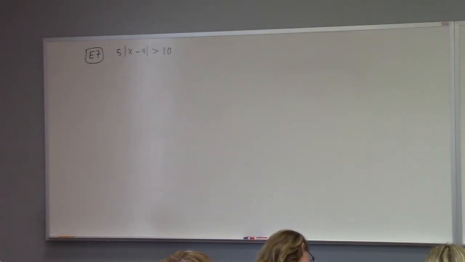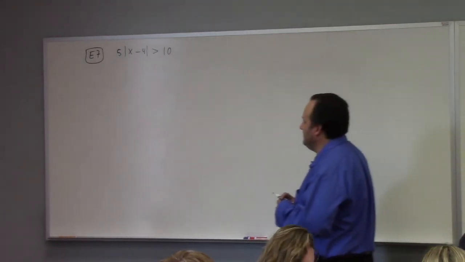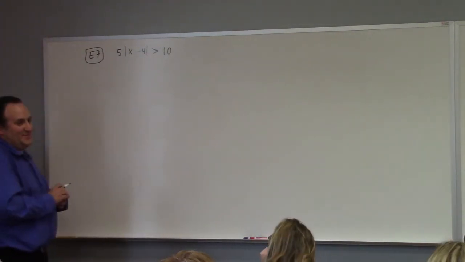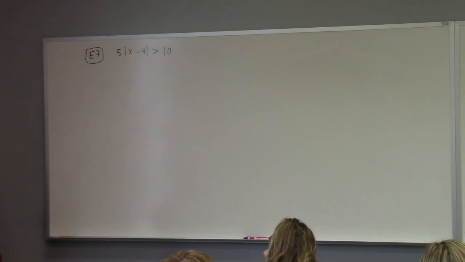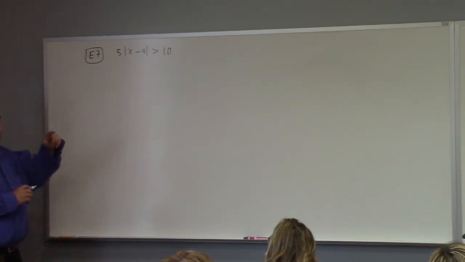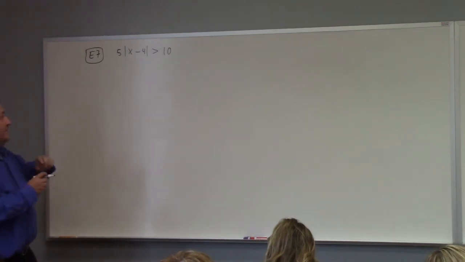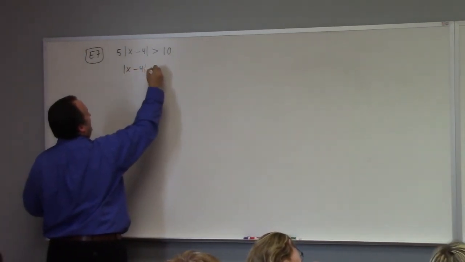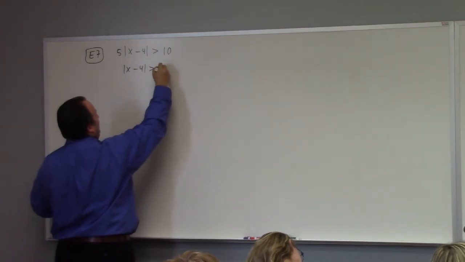Yep. Would you subtract the 10? Well, you can leave it over there. I see why you would say that, because I've just been on this diatribe: make everything equal to 0, except when you don't, and when you don't is the absolute value problems. Yep. Divide by 5. Savannah, that is actually a very reasonable thing to say given my earlier comments today.